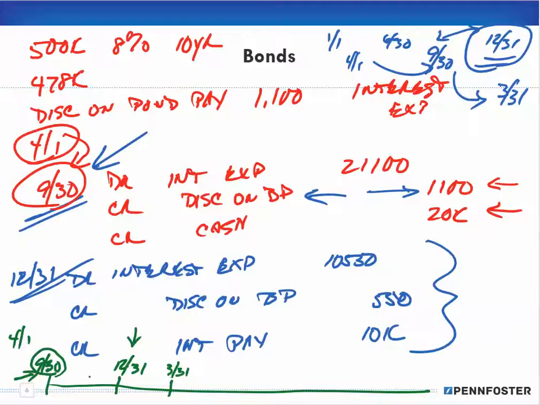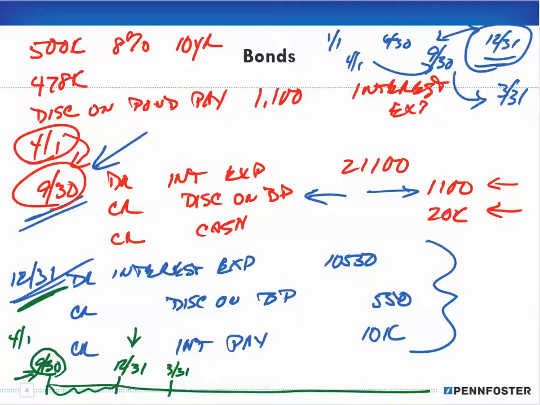Now, what we've done is make the adjusting entry here, which is what we just did, in order to adjust for the year end.